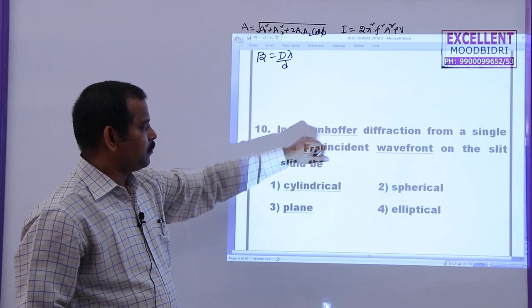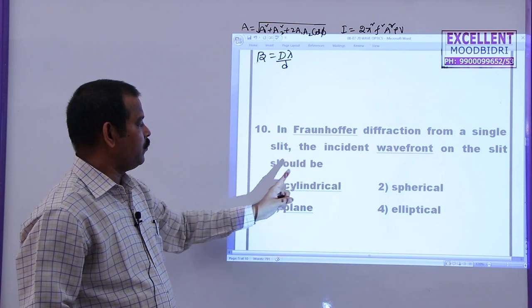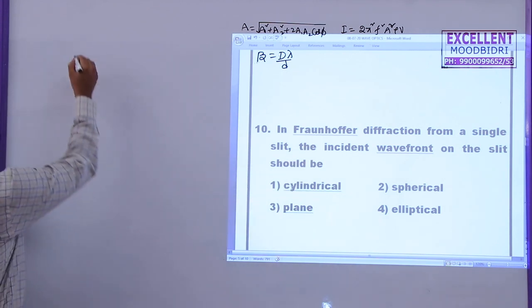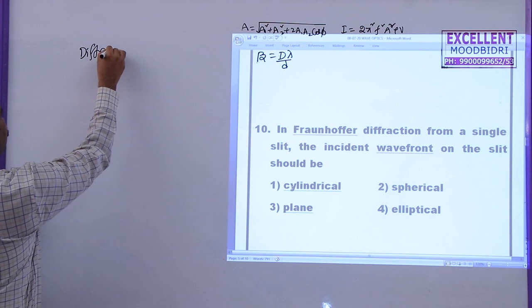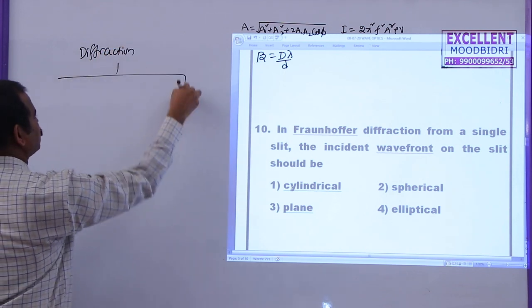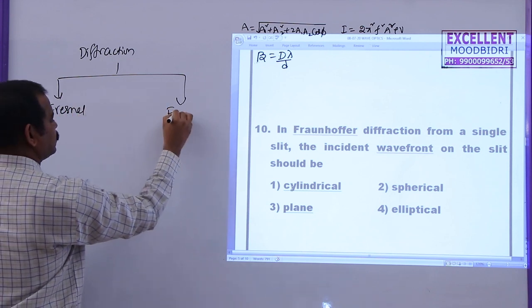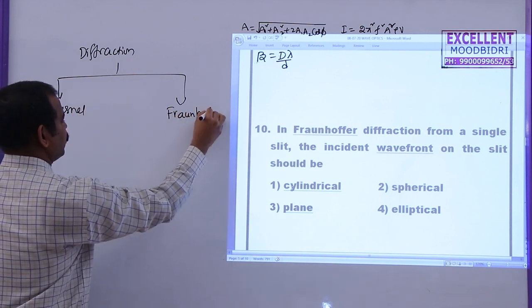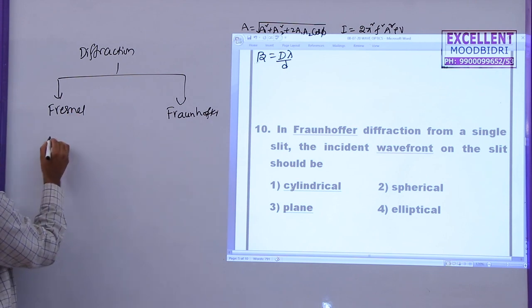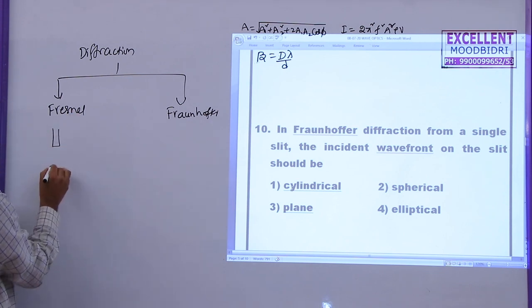In Fraunhofer diffraction from a single slit, the incident wavefront on the slit should be? Here, diffraction can be divided into two types. One is Fresnel type, one is Fraunhofer diffraction. In Fresnel diffraction, remember, a spherical wavefront is incident on the slit.